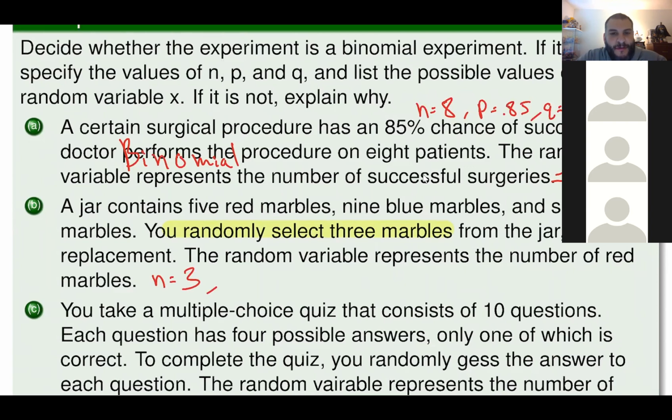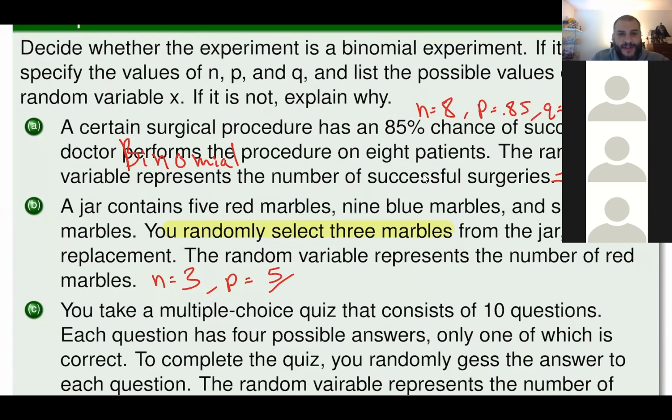Now let's look to see what they are looking for. So what are they looking for? Red marbles. Yeah, so that's our success. So they want the probability that represents the number of red marbles. So if you look at the problem, they tell us they have 5 red marbles, 9 blue marbles, and 6 green marbles.